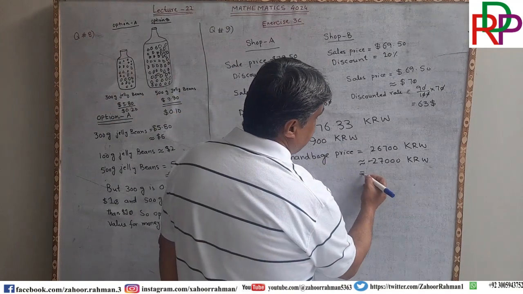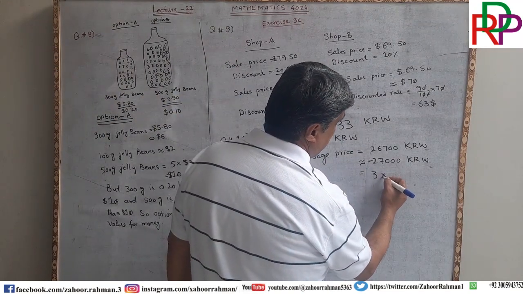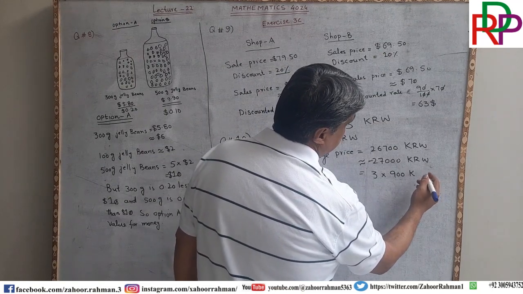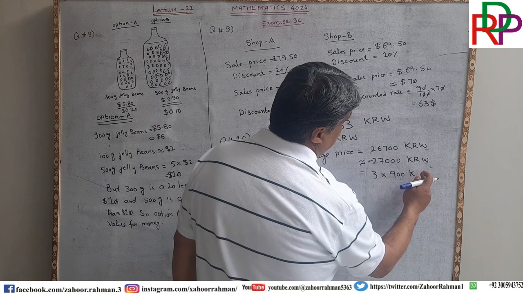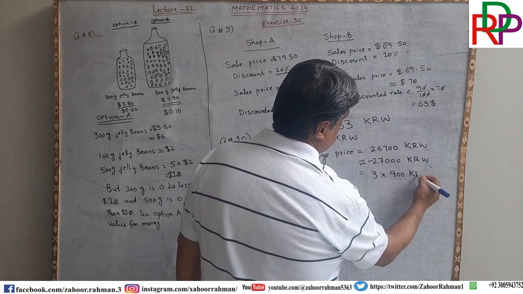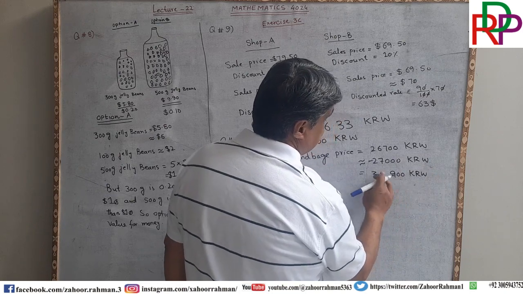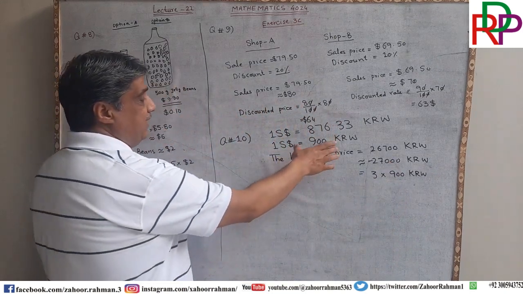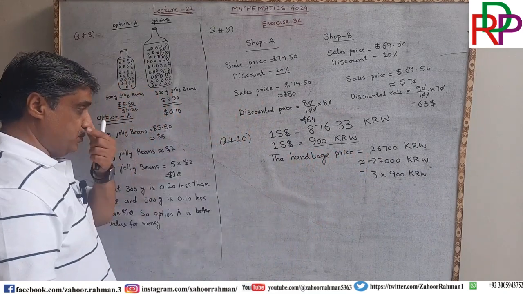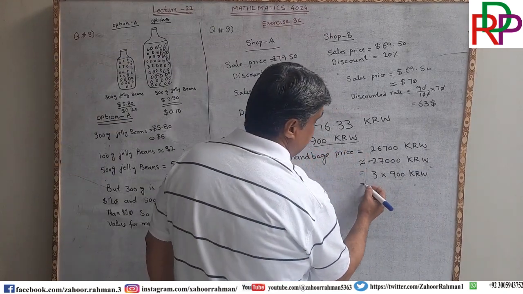Now we can write this 3 into 900 Korean won. Yes, 3 nines are 27, but we are making it to this one because we want to put the values of this.